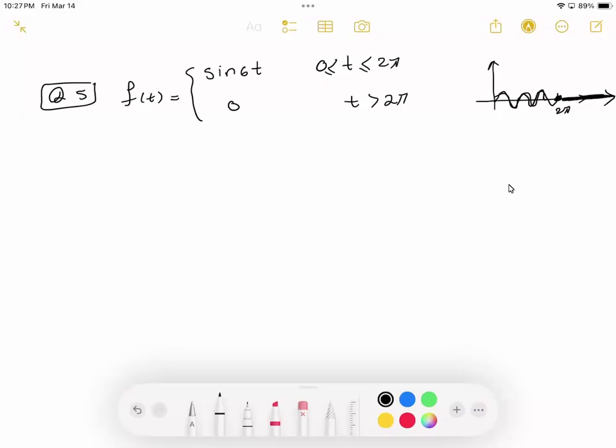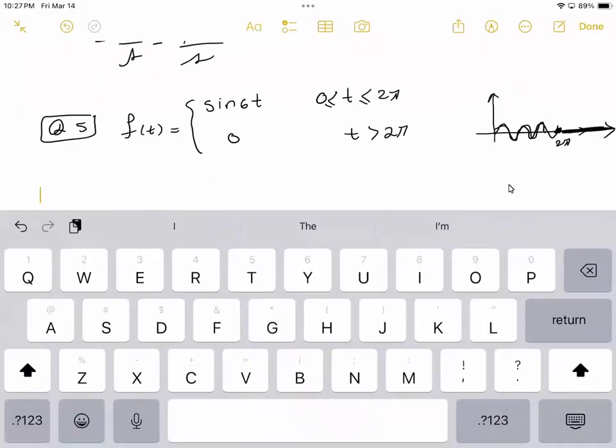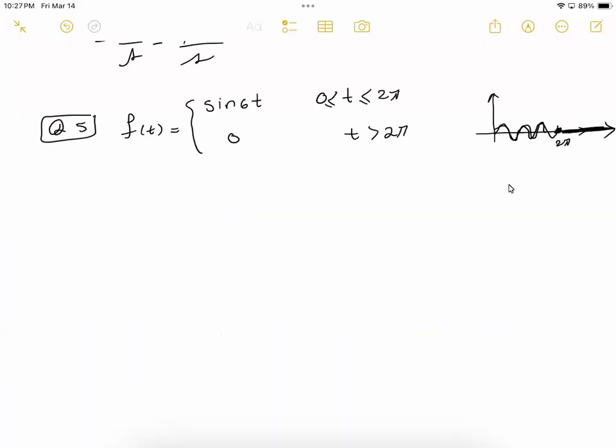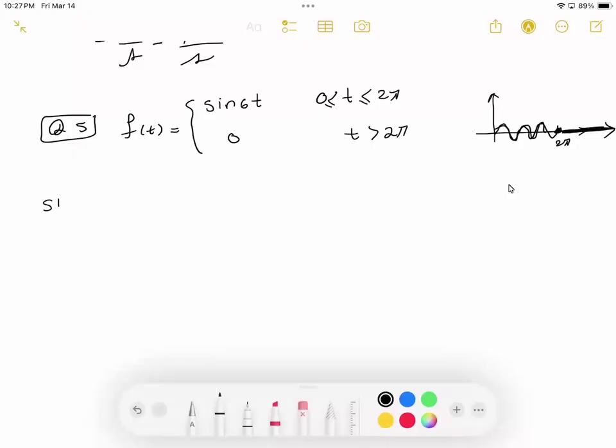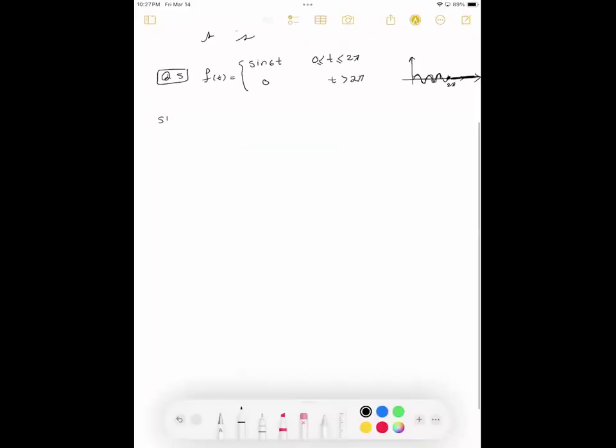So we want to find the Laplace transform for this. Again, you start with sine of 6t first. You put a plus sign. You put u(t minus 2 pi) because of the 2 pi.